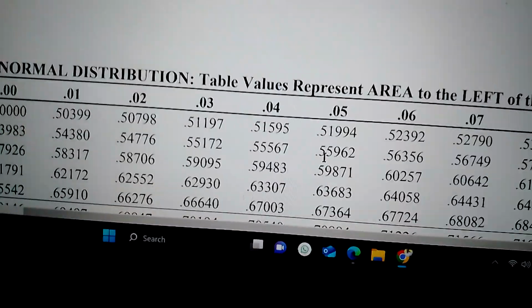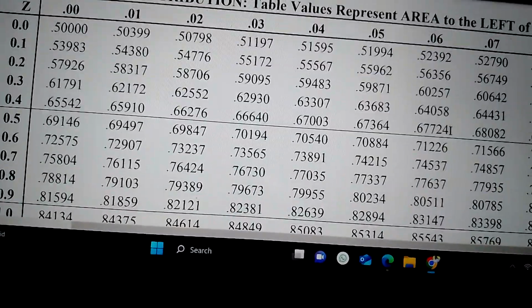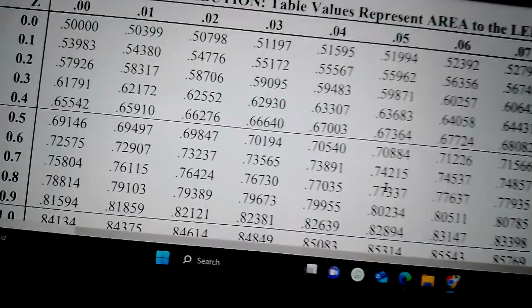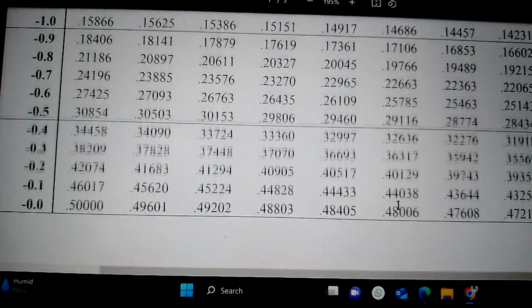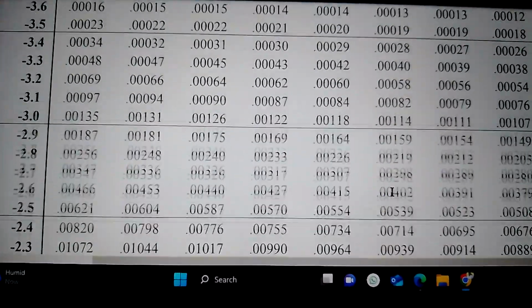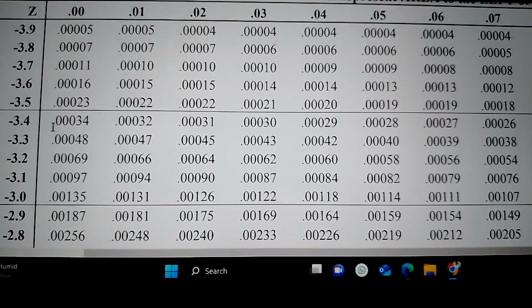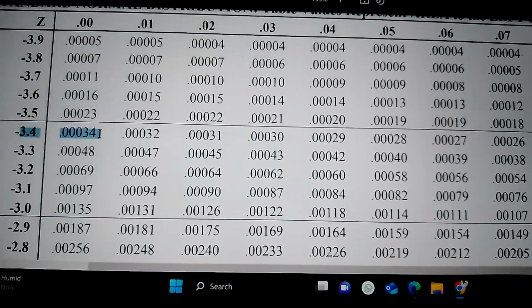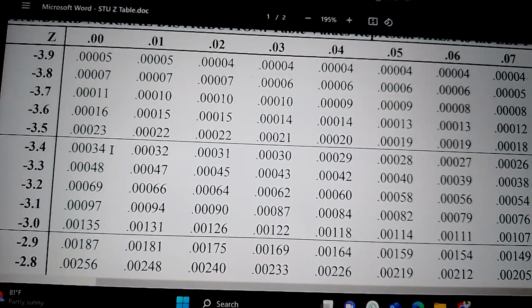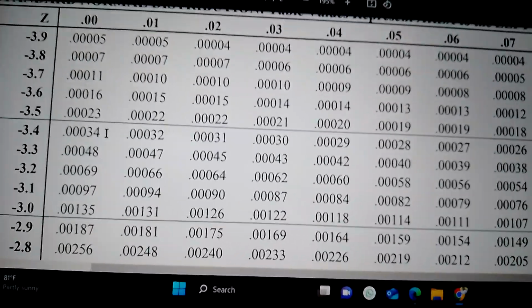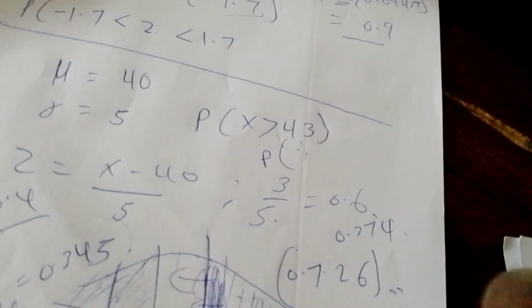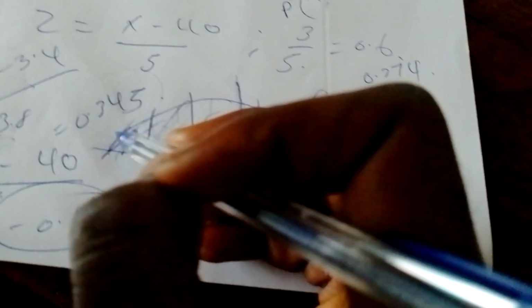So z score of negative 3.4. Negative 3.4, what is it? Okay, this is negative 3.4. We find it here, and that will be 0.00034. So you find that it's a very small probability. But notice something: that 0 point something you had is the area to this side, right?